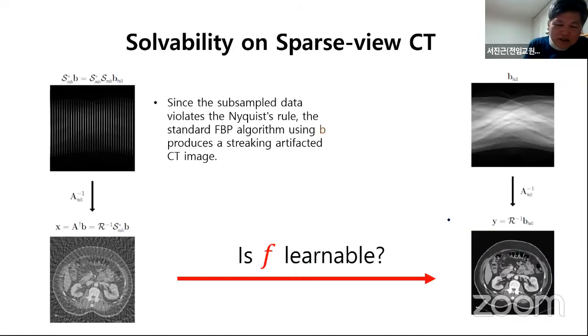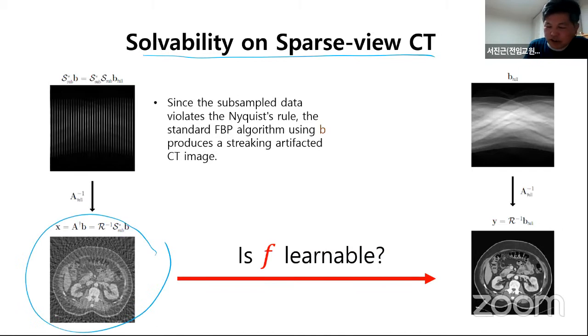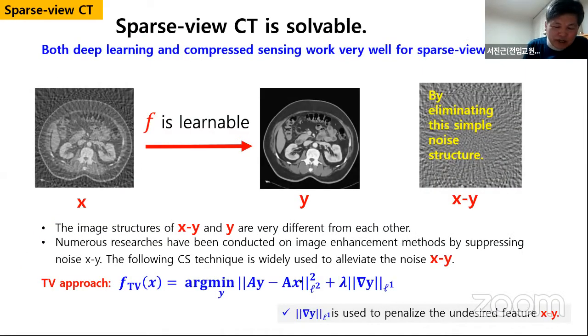Solvability of sparse view CT. Is F learnable from sparse view to here? Let us check. Let me say this is X, this is Y, and X minus Y has this type of noise structure.